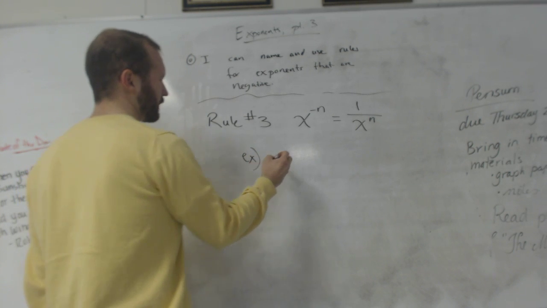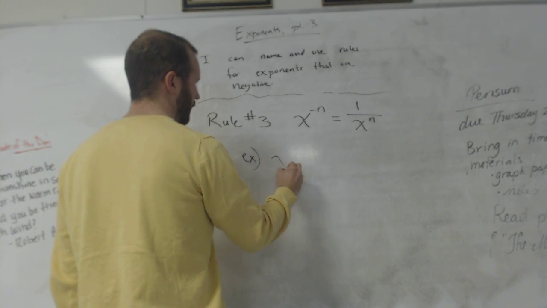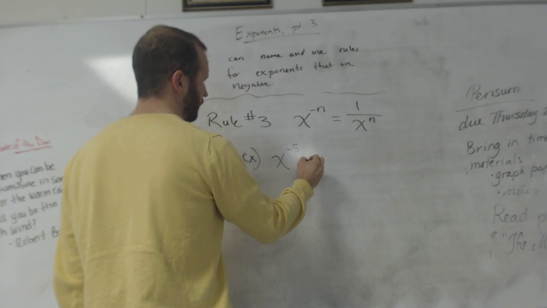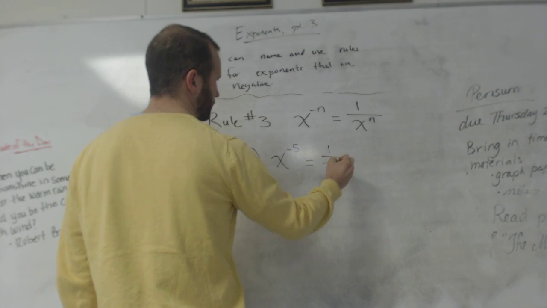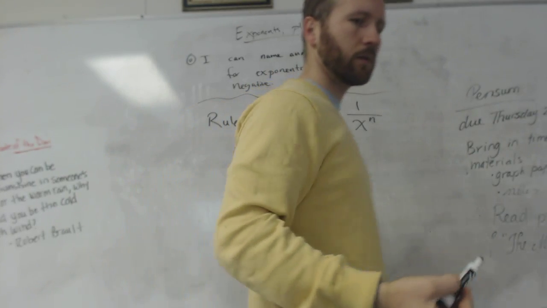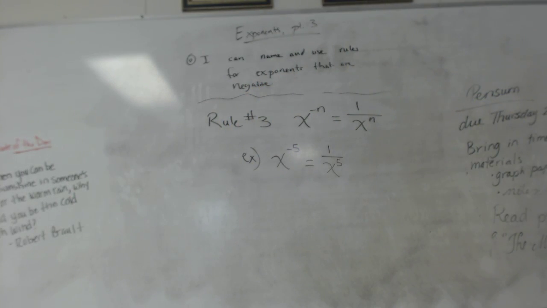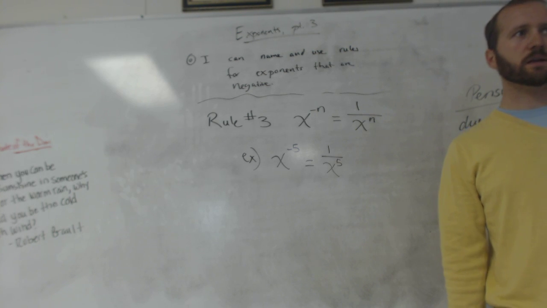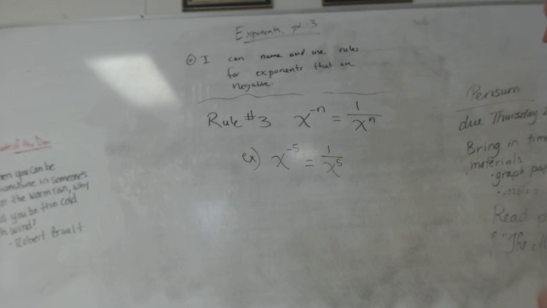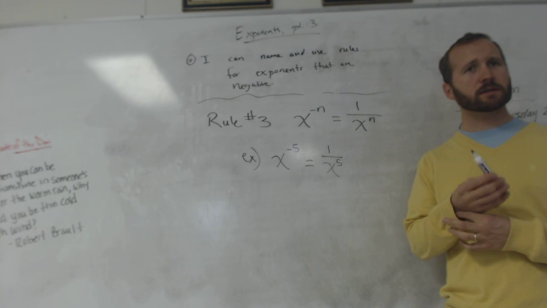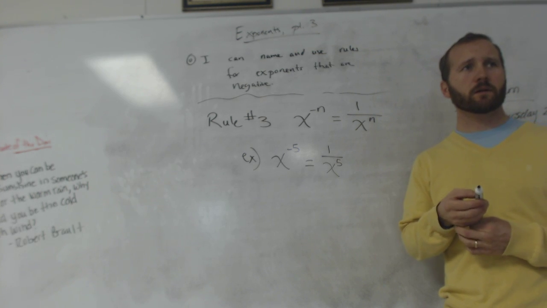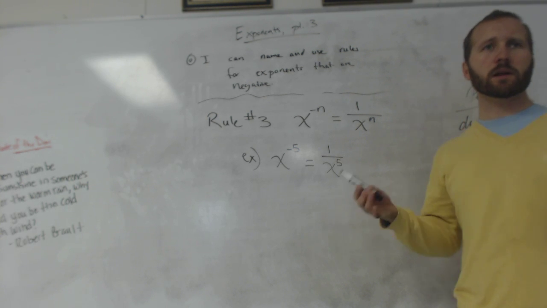So an example of that would be x to the negative 5th would equal 1 over x to the 5th. That's not too hard. And the cool thing about this rule is it makes a lot of sense once you start seeing how it works. It totally makes sense.